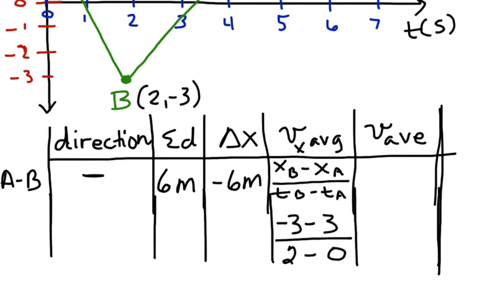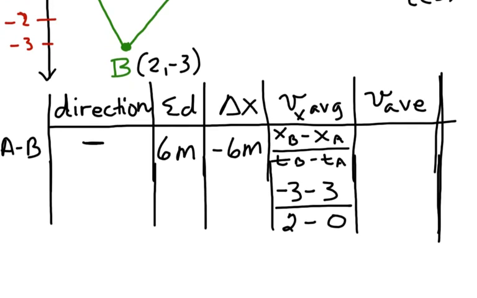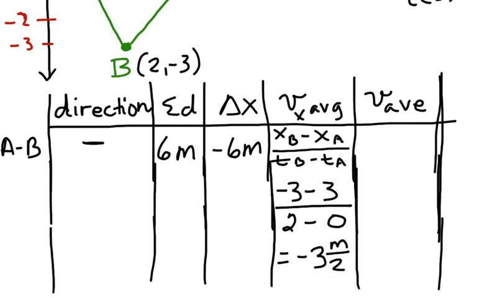Now notice this is the same thing as finding the slope of segment AB. So the slope is your average velocity. So my average velocity is -3 meters per second. Again, the negative telling us that the object is moving in a negative direction.